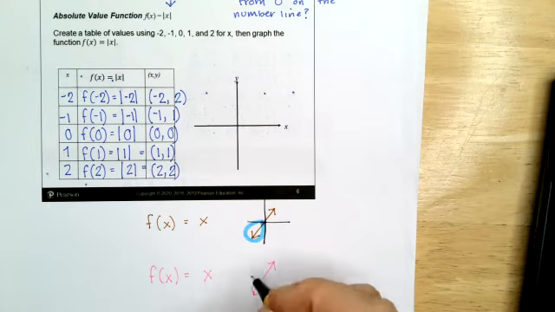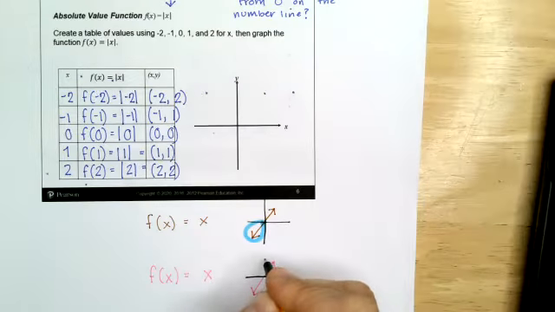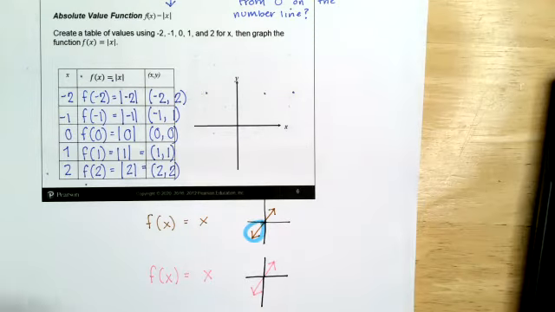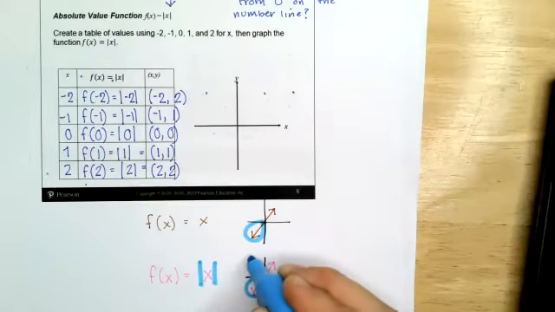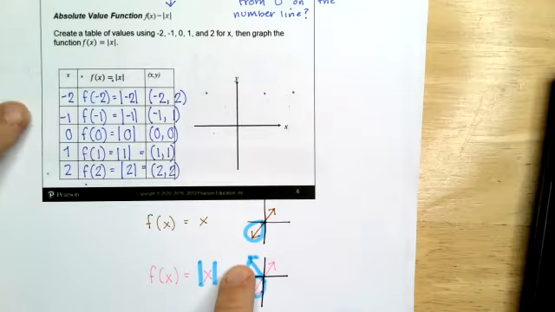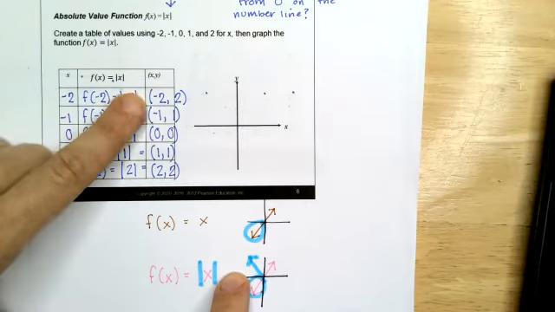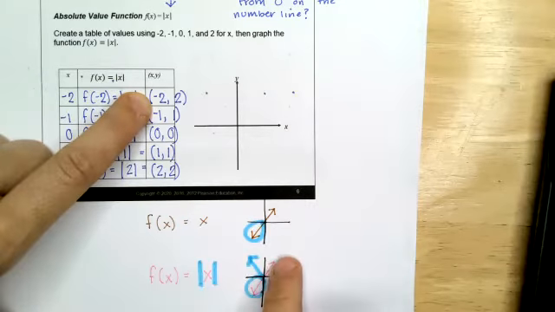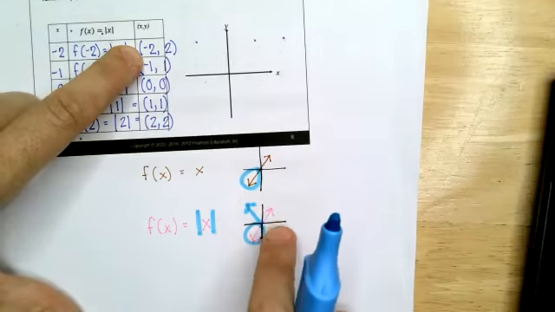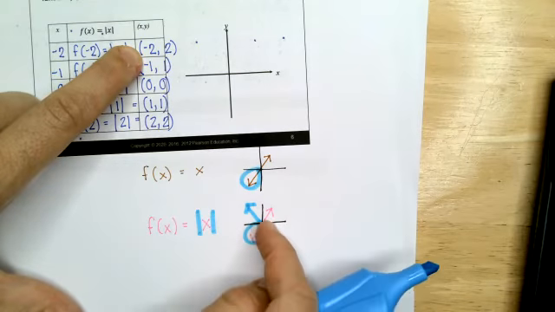But when we put absolute value bars around it, those numbers stay the same, but they start growing again in a positive direction instead of becoming larger negative numbers as they do for f of x. They just switch.